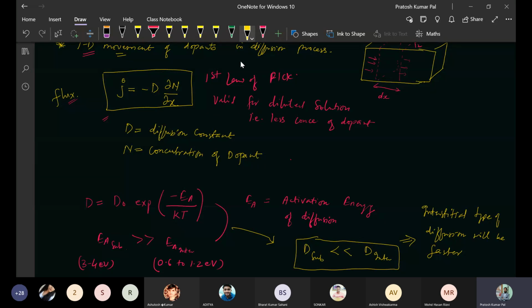So it is governed by this formula, that is Fick's first law.